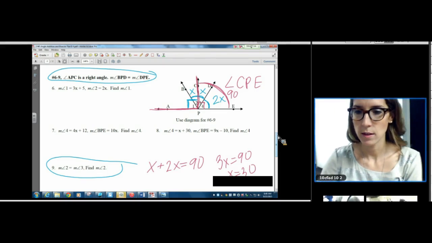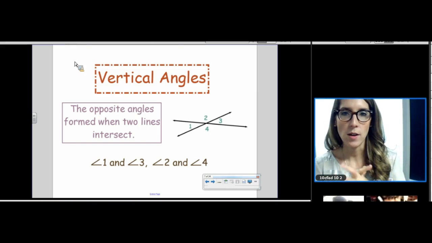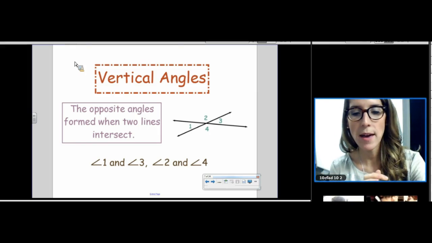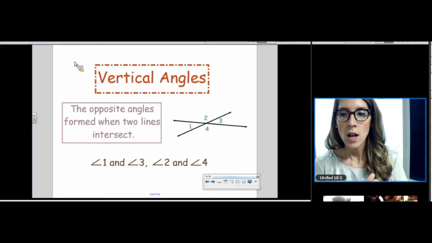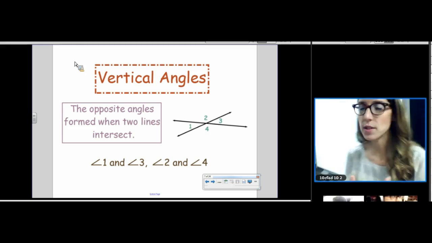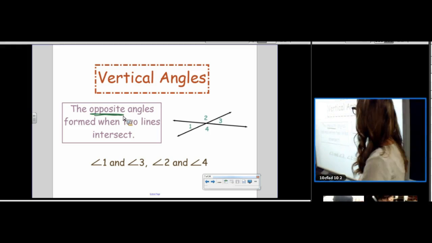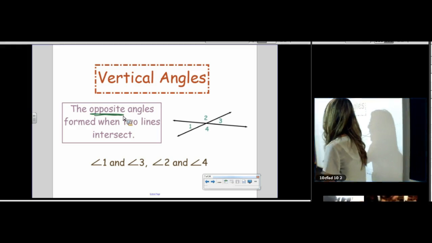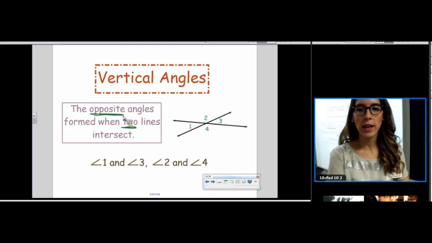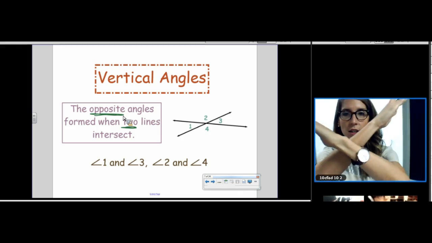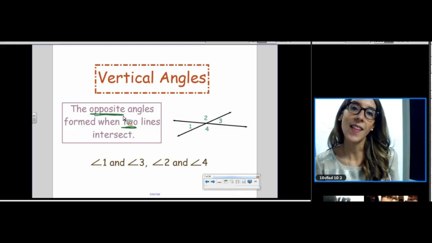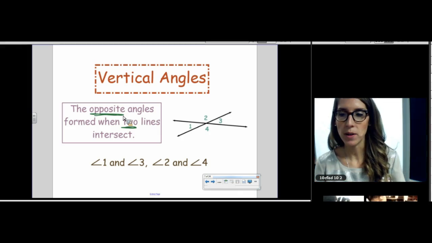All right. Okay, so vertical angles. This is on your vocab sheet, but we haven't talked about it in class before. These are the opposite angles. Let's look at these words. They're the opposite angles formed when 2 lines intersect. So that's really important. You need to have 2 lines intersecting, making like the letter X, probably almost every time.